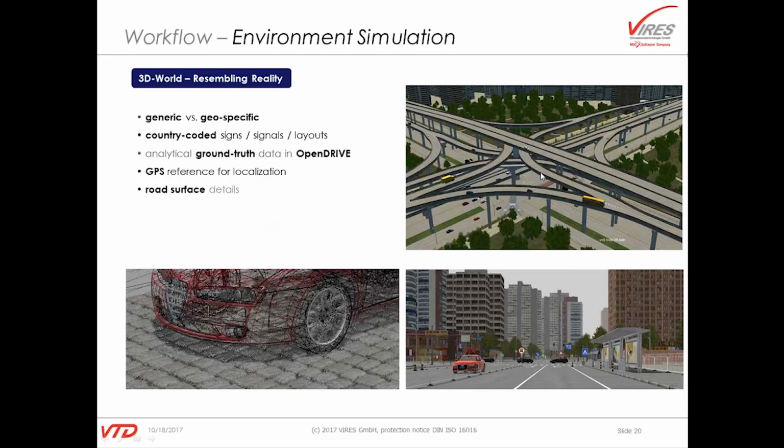The complexity of this realization of either actual road networks or fictive road networks can be pretty high. In the top right picture here, you see that you may realize things like multi-layered road networks.